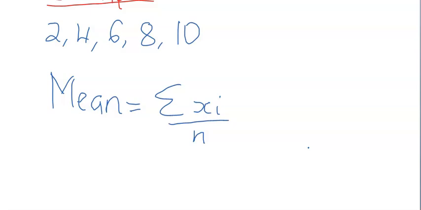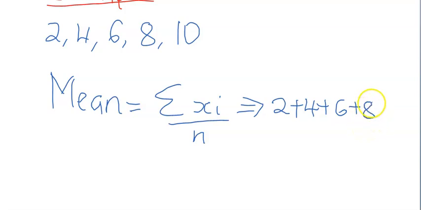So let's add our xi's. The xi's are just these values in the data set. So we have 2 plus 4 plus 6 plus 8 plus 10, divided by the number of the sample.